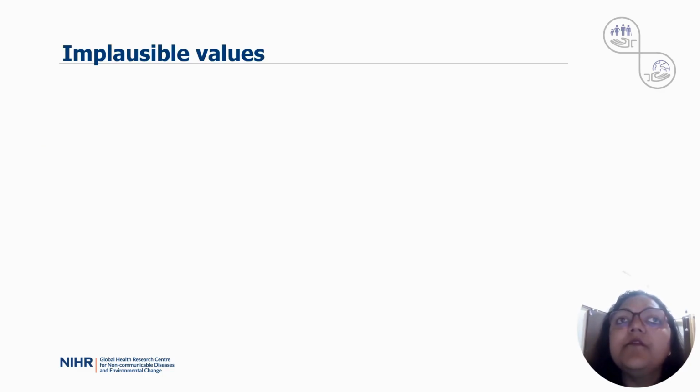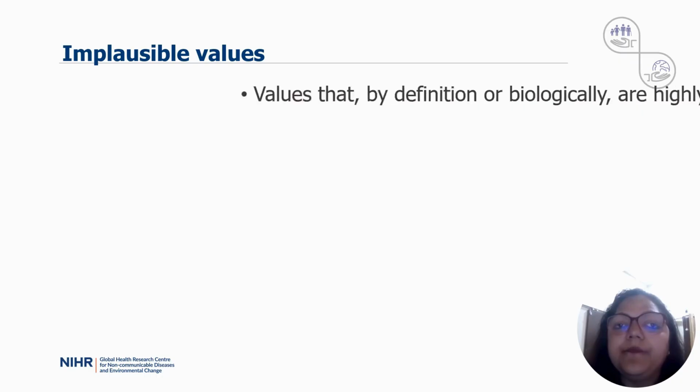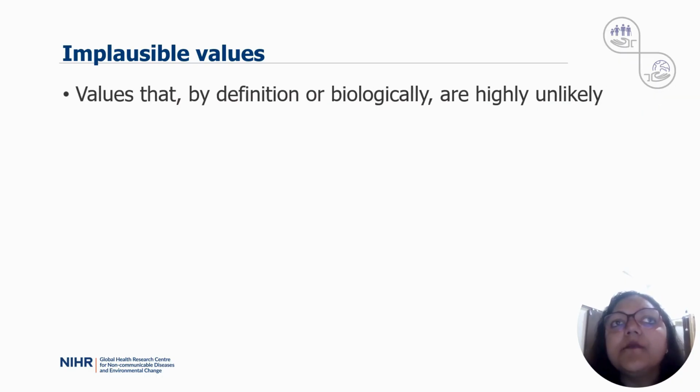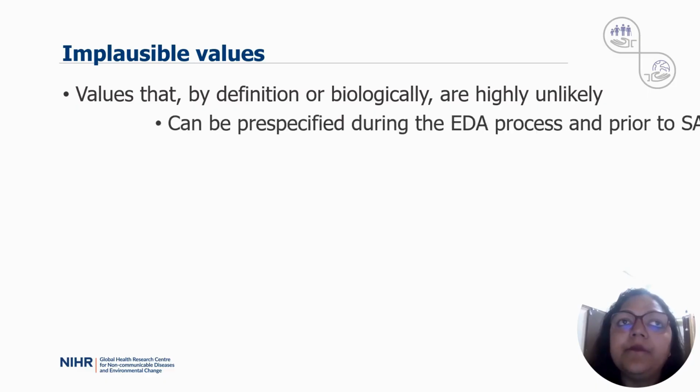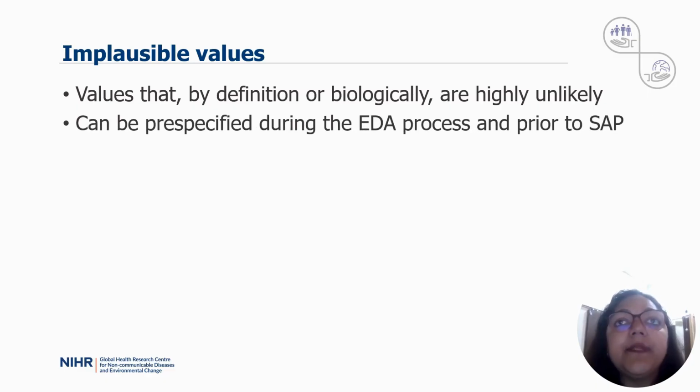The first type of unusual values that we will look at are implausible values. Implausible values are values that by definition or biologically are highly unlikely to occur. They can be pre-specified prior to writing the statistical analysis plan, or during the exploratory data analysis once identified.